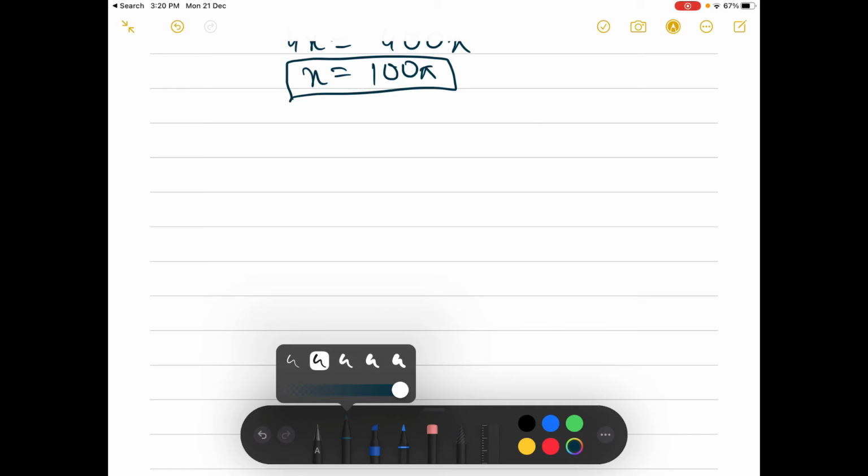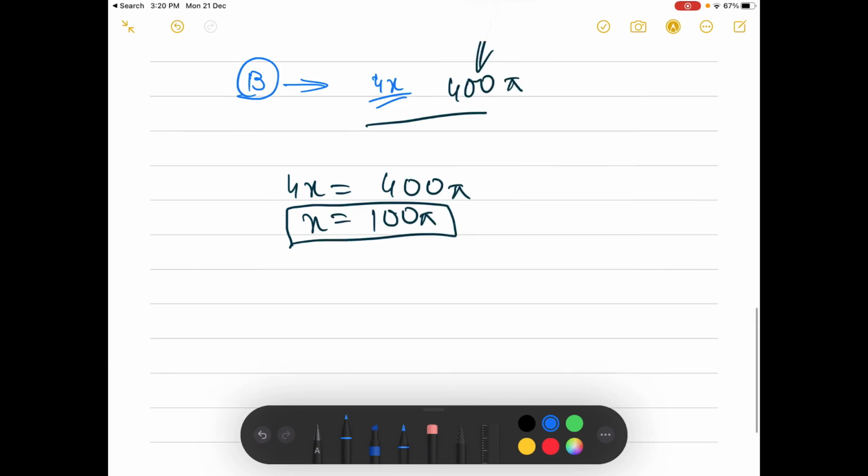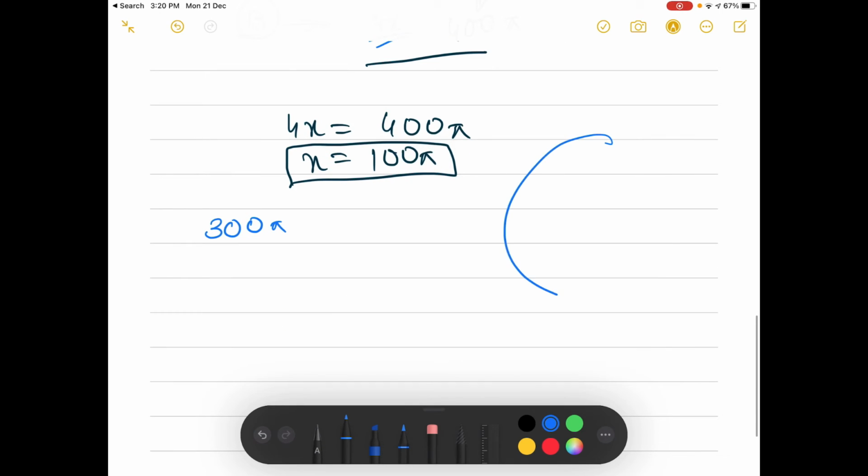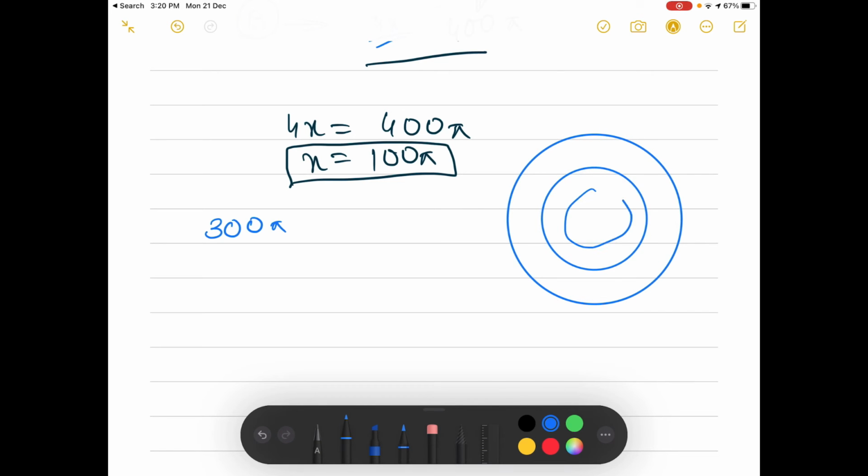We know that the area of it would be equal to 300 pi, as the largest one, let me draw it. See, this one, the largest one, this B1.